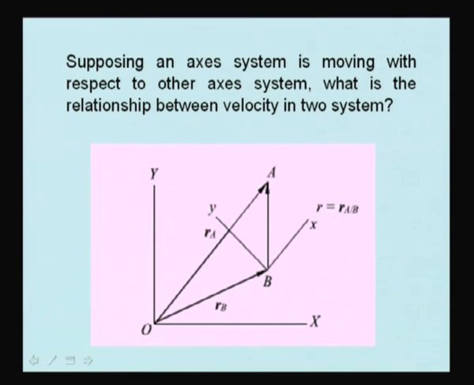The difference between these two position vectors RA and RB is indicated by another vector, called BA. RB plus BA gives you RA. We can write R is equal to RA with respect to B. So this is the position vector of A with respect to B, indicated by R.